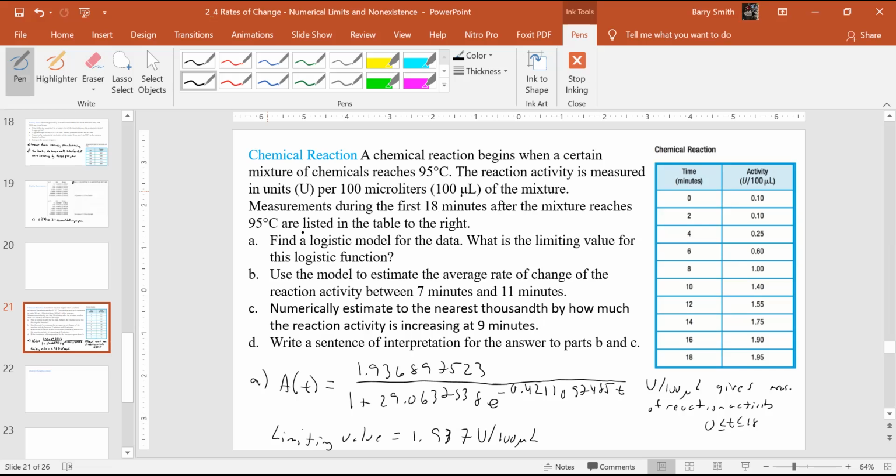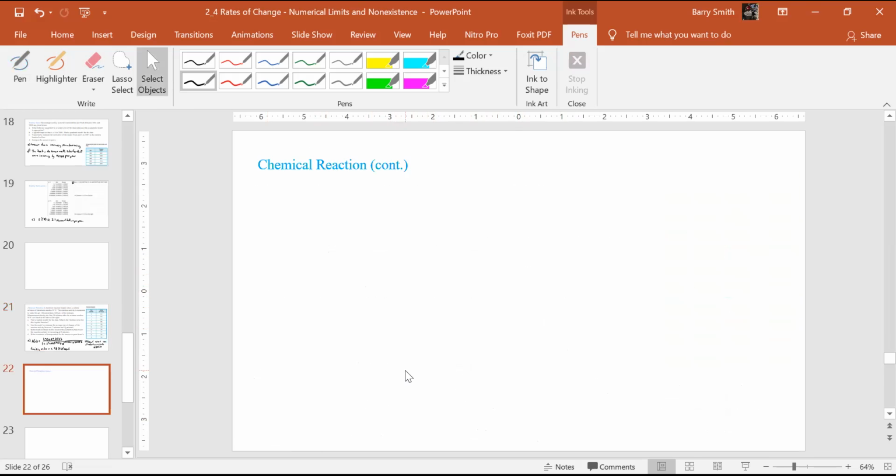All right, so now it says use the model to estimate the average rate of change of activity between 7 minutes and 11 minutes. All right, well, what we're going to do is we're going to use those values and plug them in. So we're going to have the AROC, the average rate of change, is equal to A of 11 minus A of 7 all over 11 minus 7.